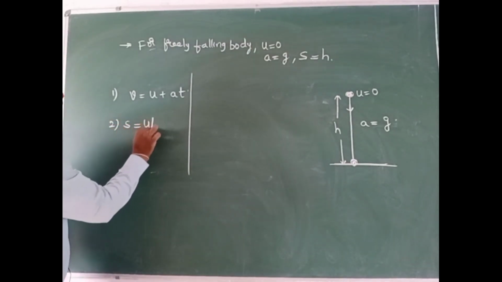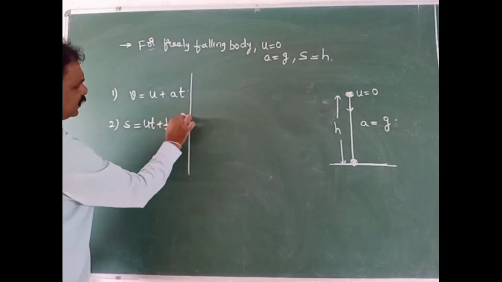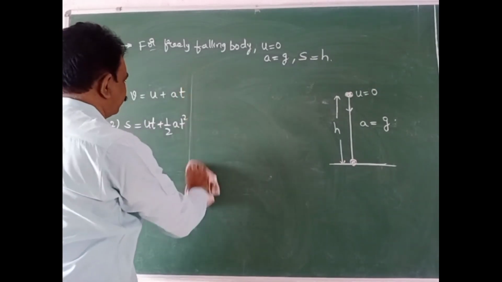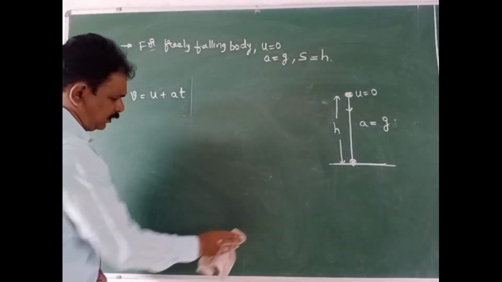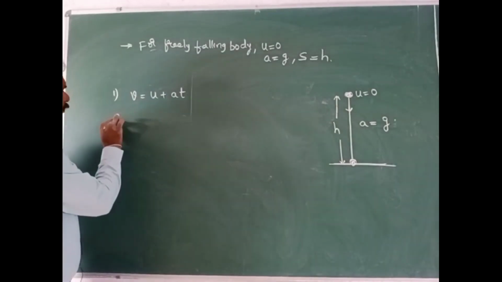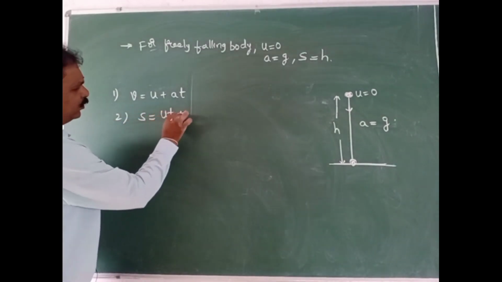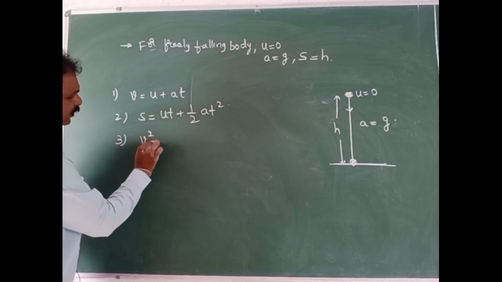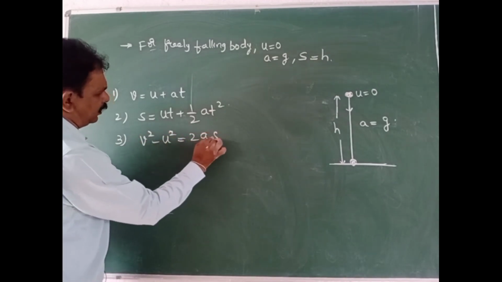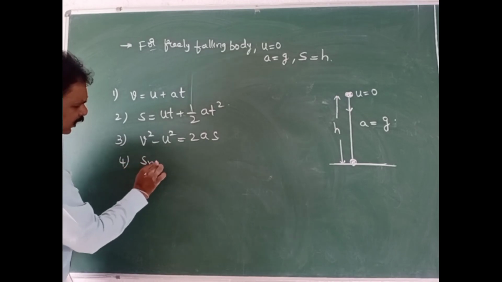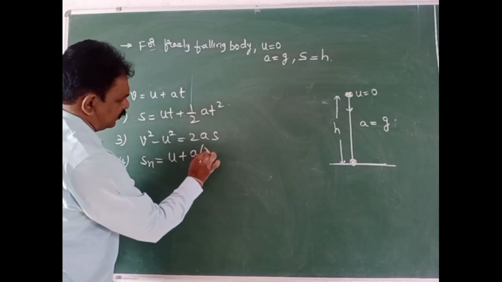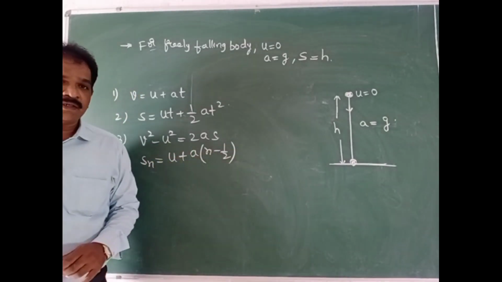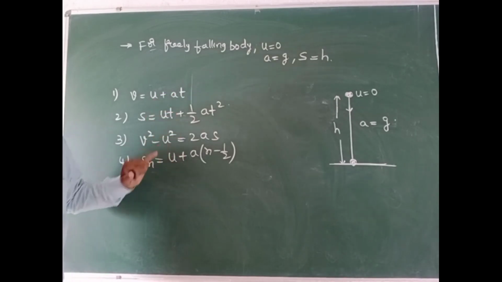Second one, s is equal to ut plus half at square. Third equation, v square minus u square is equal to 2as. Sn is equal to u plus a into n minus half. These are the equations of motion.